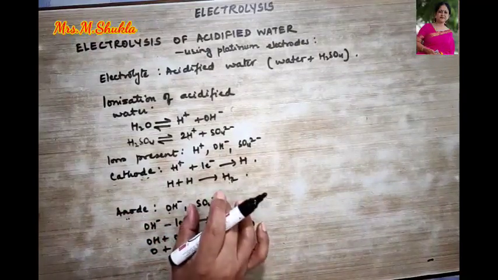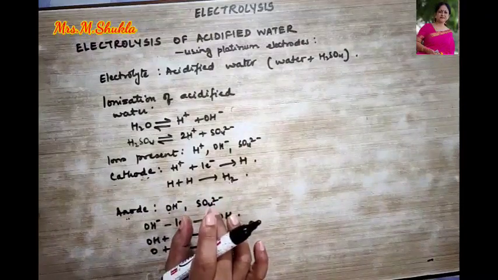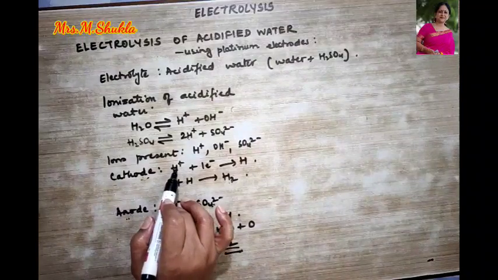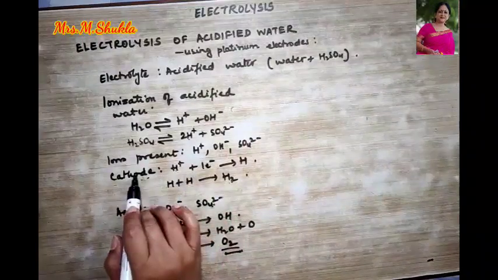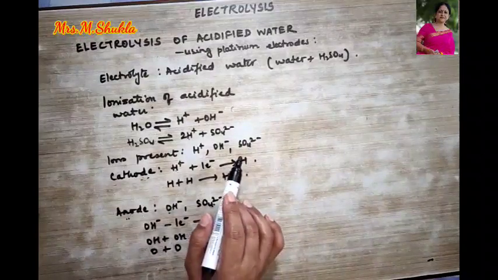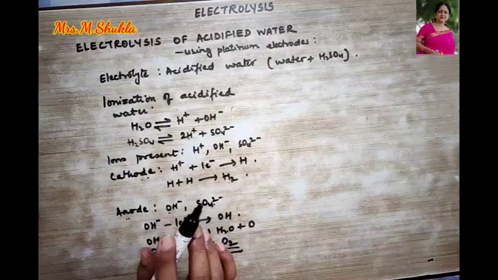Now what happens to this sulfate ion? This sulfate ion migrates to anode, right? And what has happened to H+ ion? That has also been discharged at cathode. Therefore the concentration of the sulfuric acid will now decrease where? At cathode. Okay.